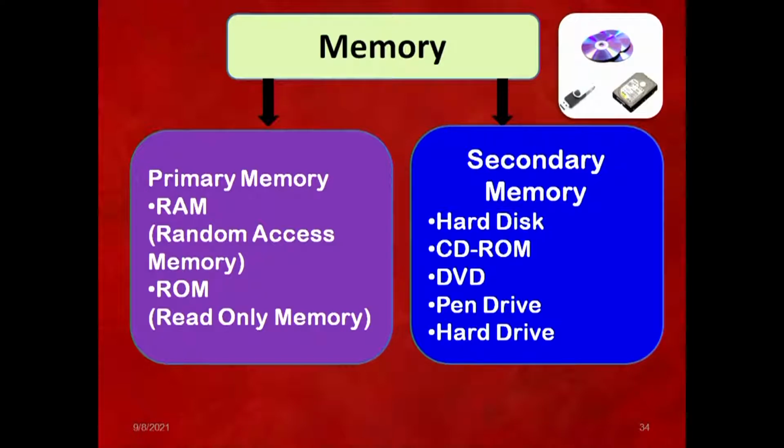Instead of RAM, if we store in ROM, read only memory, ROM is non-volatile in nature. Coming to the second part of memory, secondary memory consists of hard disks, CD-ROMs, DVDs, pen drives, hard drives, magnetic tape, magnetic drives, etc.